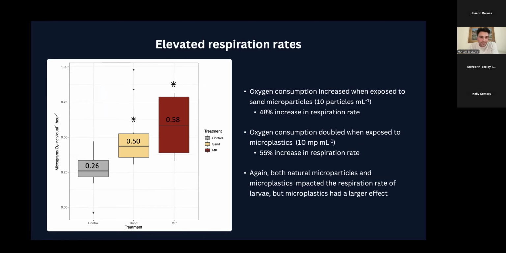That's a big increase in respiration rate, a big increase in how much oxygen you're sucking down and energy you're expending. And then again, it bumps up when you're exposed to microplastics, going up to a 55% increase in respiration rate. And so again, we see the similar effect: natural microparticles have an impact, but not as high as the plastic particles.